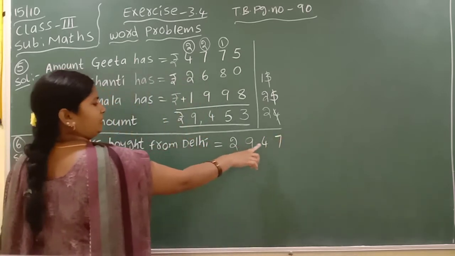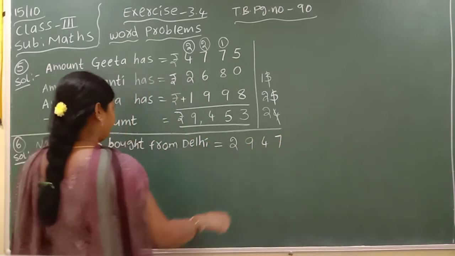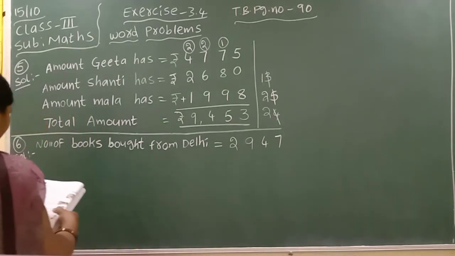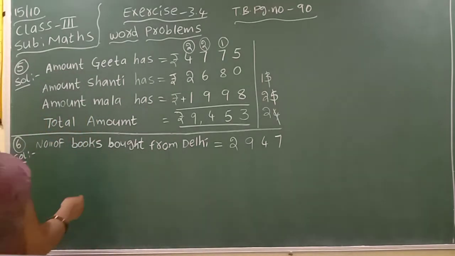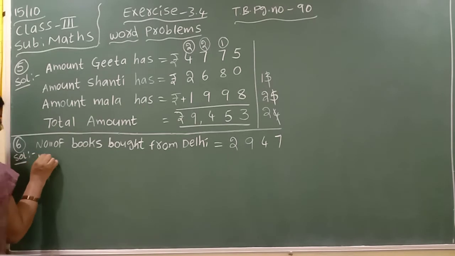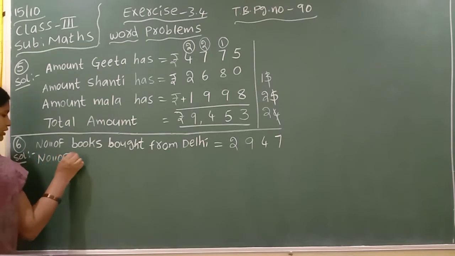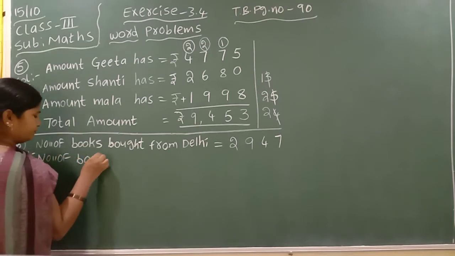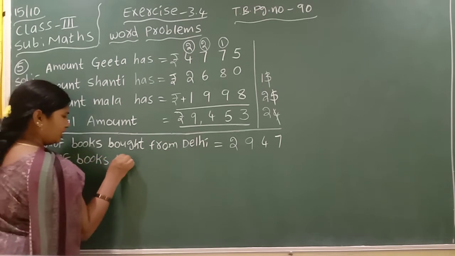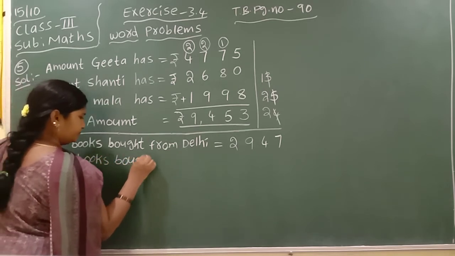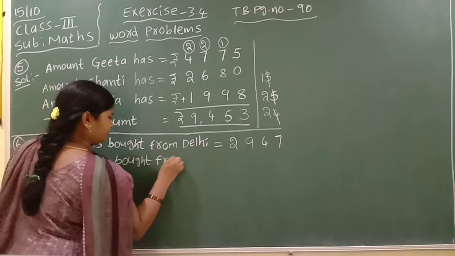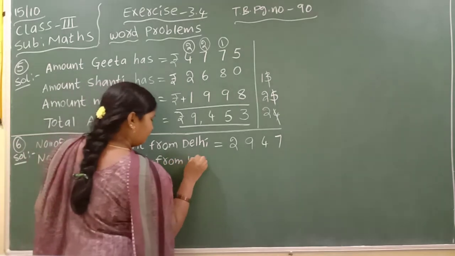After the thousands number, also leave the finger gap. Next, number of books bought from World Book Fair.